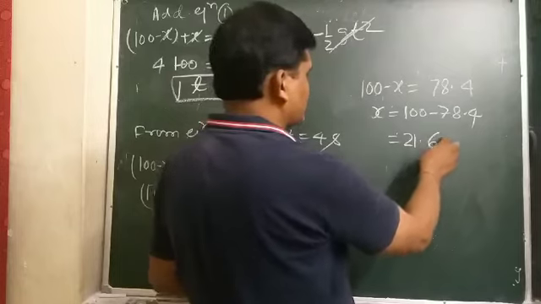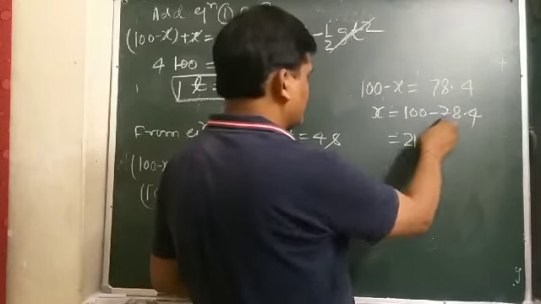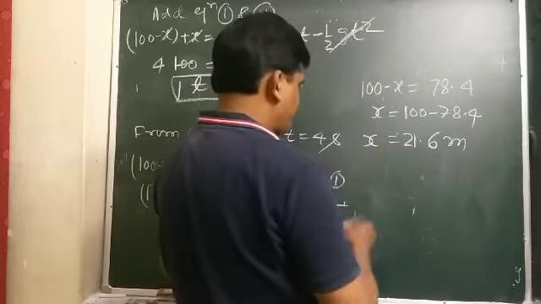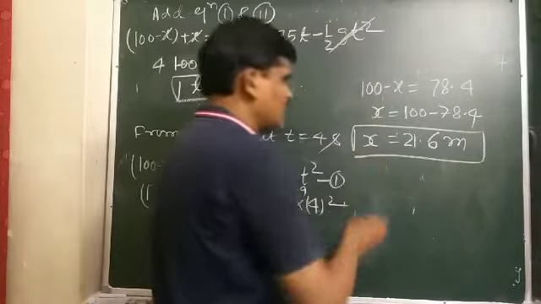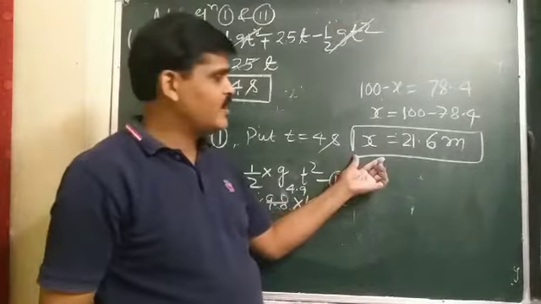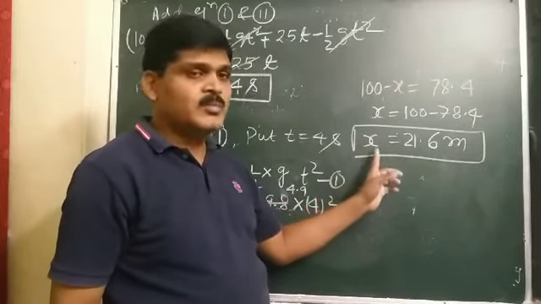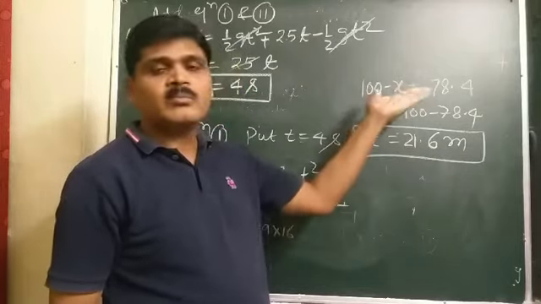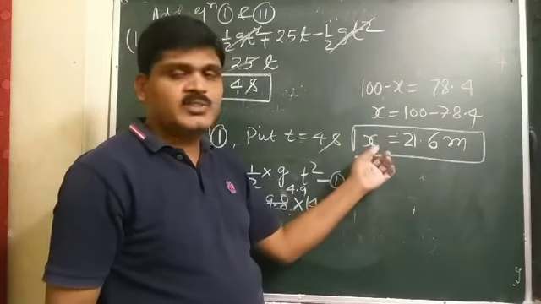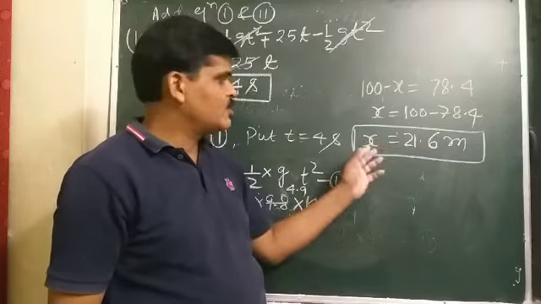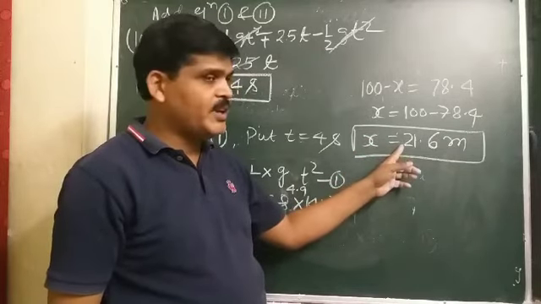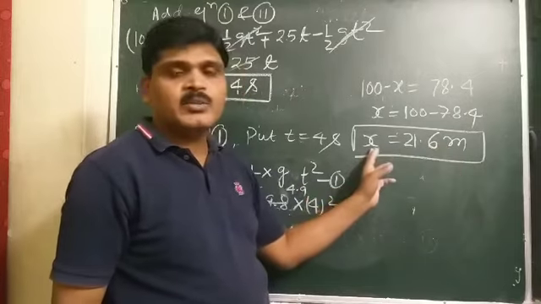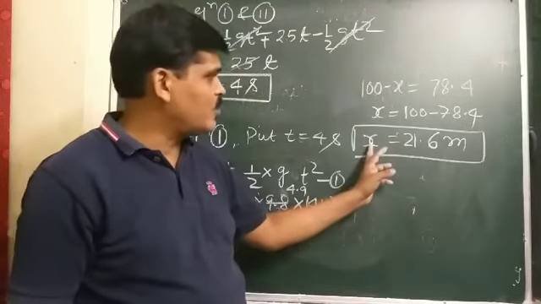Where will they meet? Both stones will meet at 21.6 meters from the ground, because x we have taken from the ground. So they will meet at point P, which is 21.6 meters from the bottom or from the ground.